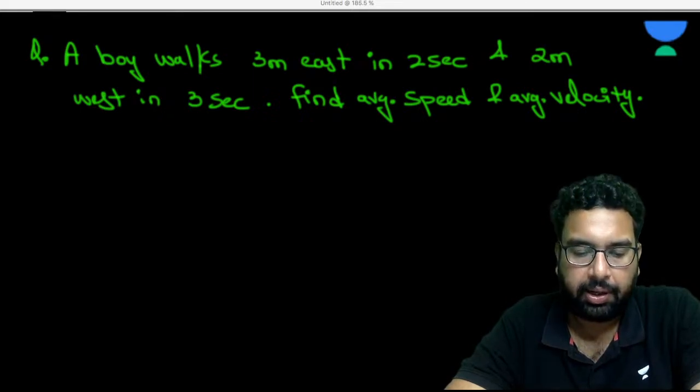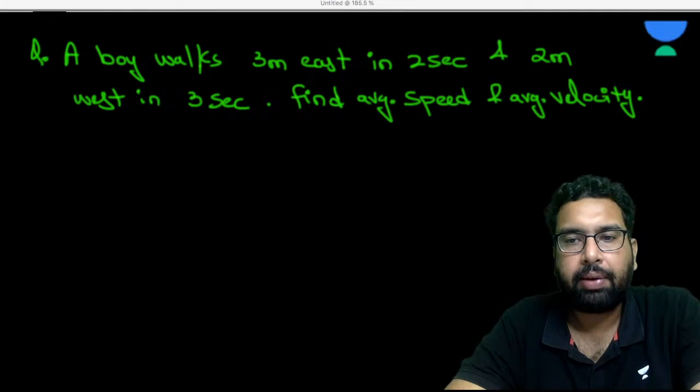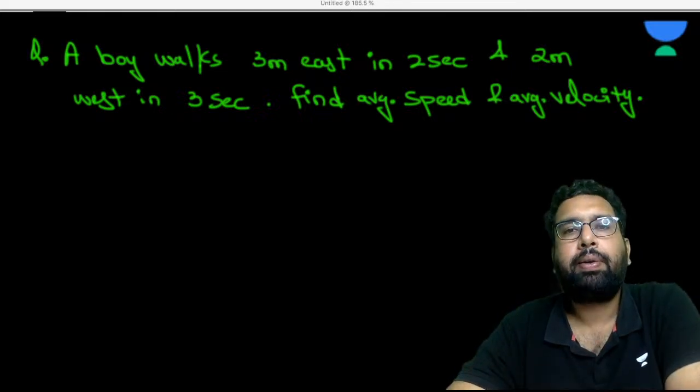Find average speed and average velocity. Remember this formula: total distance upon total time, total displacement upon total time. Can we please try this? I'm very sure we can do it.